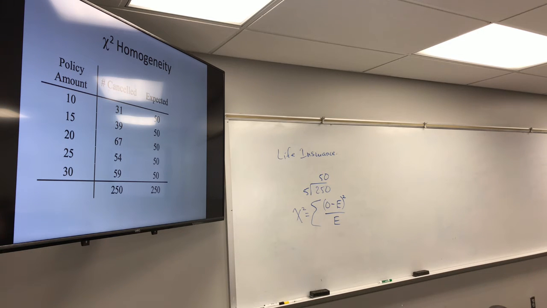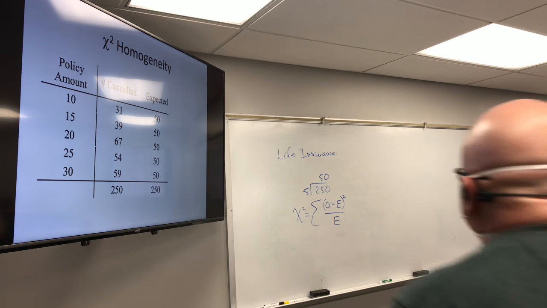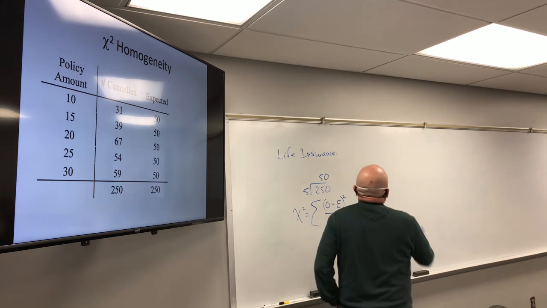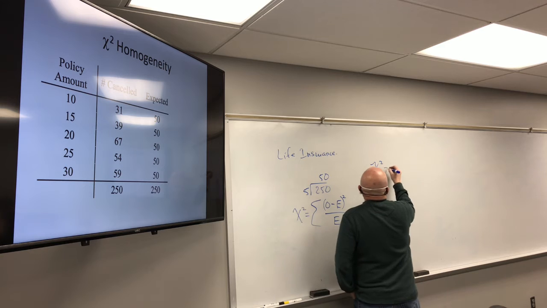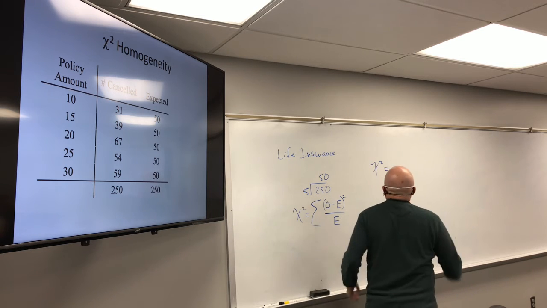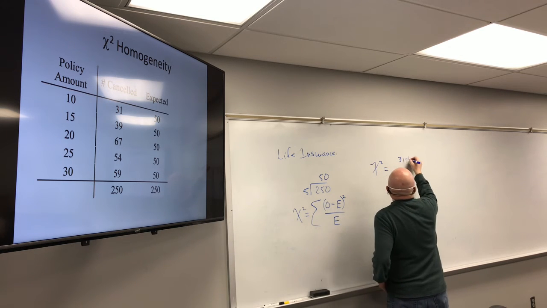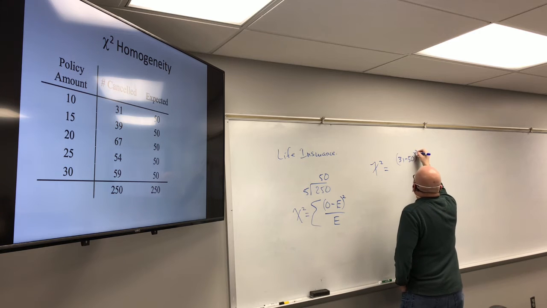So for this first category, the $10,000 policy, we would take 31 minus 50, square that value, and divide it by 50.